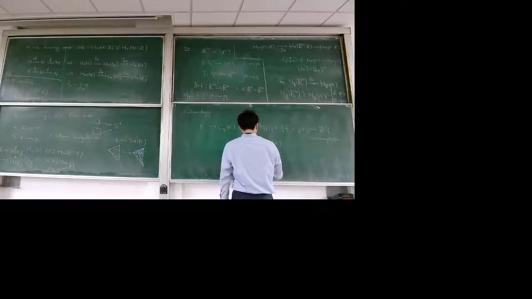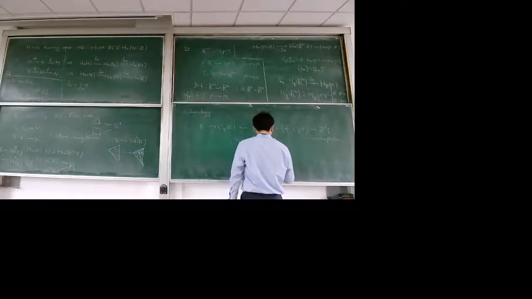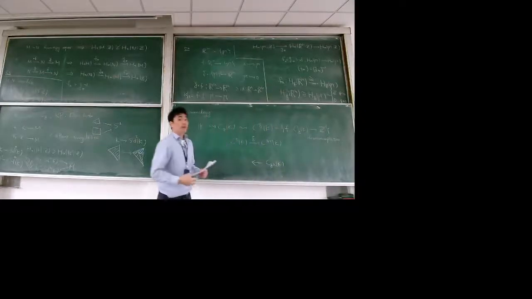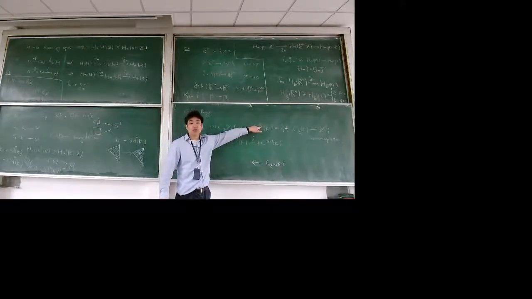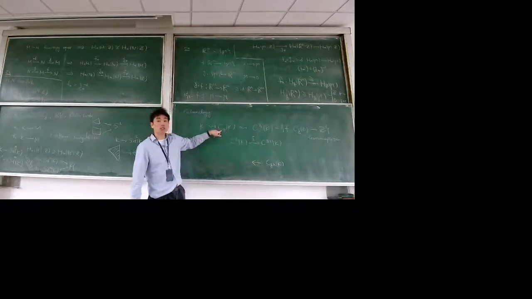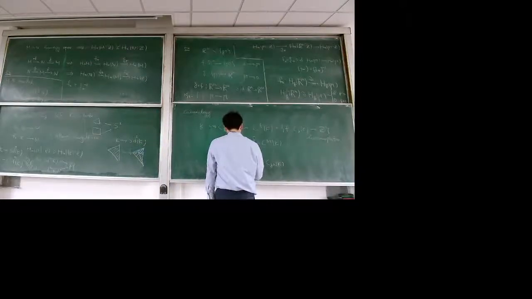I call the map delta. For cohomology I use the upper subscript q, and in homology I just use the lower subscript.